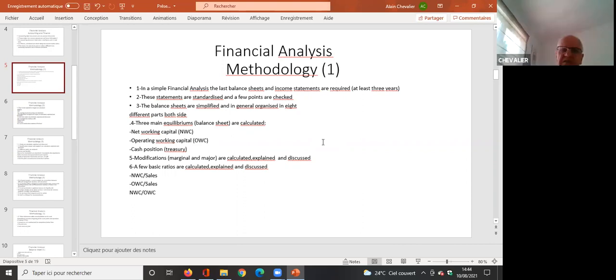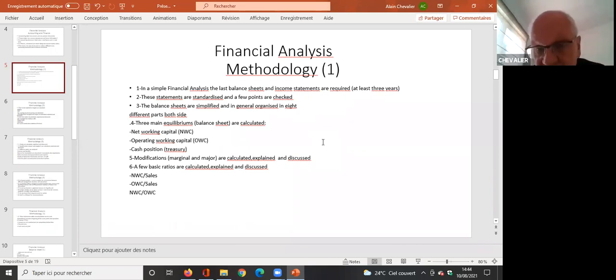This is, in many cases, completely forgotten, particularly in banks. Just because they receive the balance sheet and income statement, and they introduce these statements into a software, and they ask the software for a certain number of calculations.